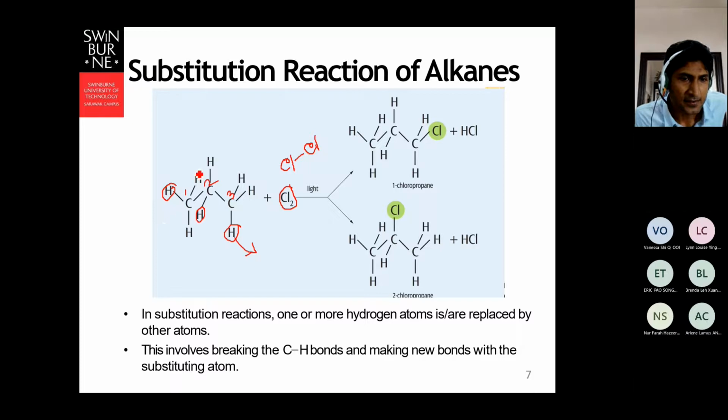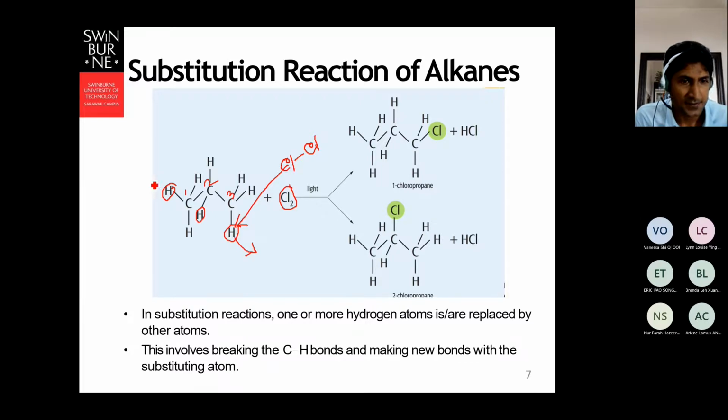If it goes here, it is the same as going to this carbon or this carbon, because all these 3 carbons and hydrogens are the same. And since it is the same, this is also the same as going to this hydrogen, because there is no difference between this hydrogen and this carbon. So it will be considered the same thing going to this hydrogen as well.